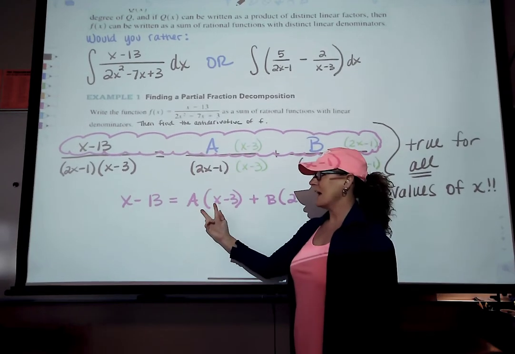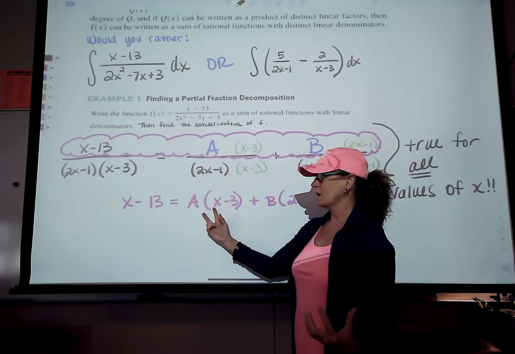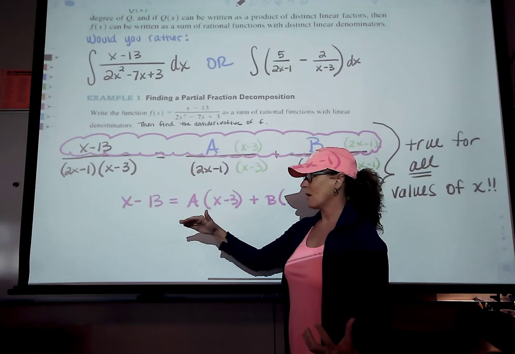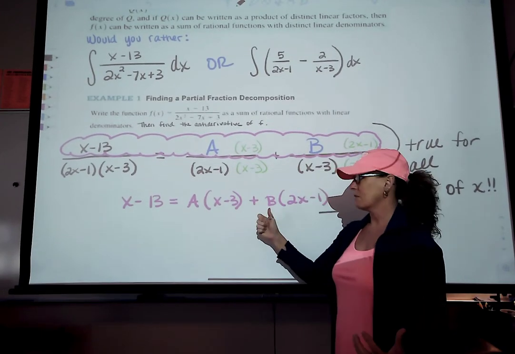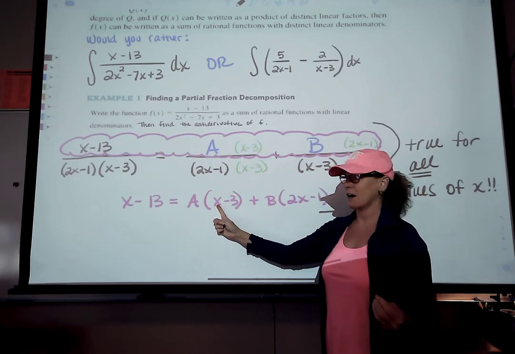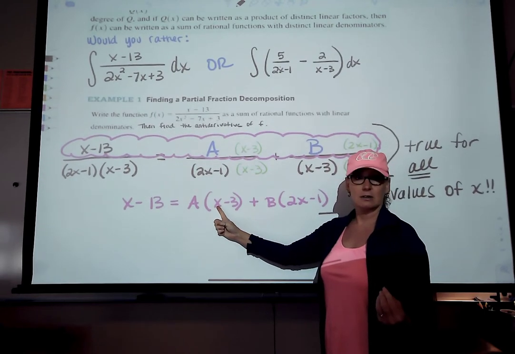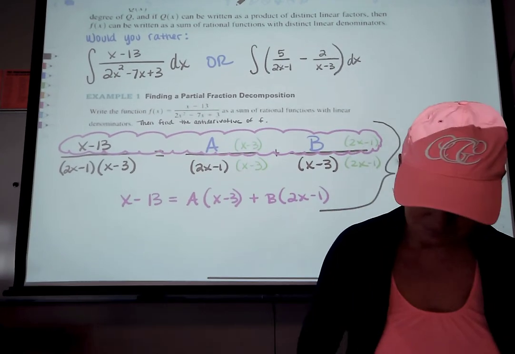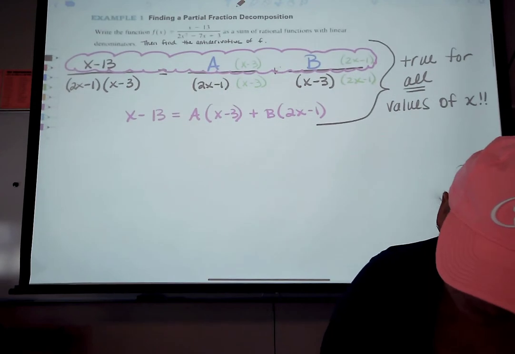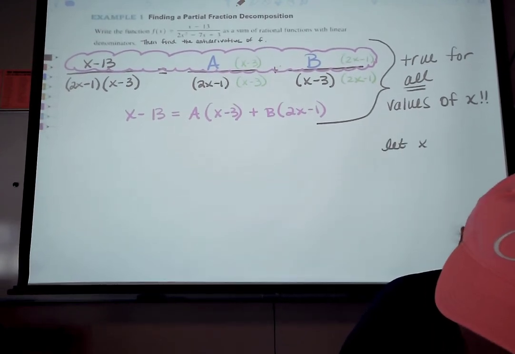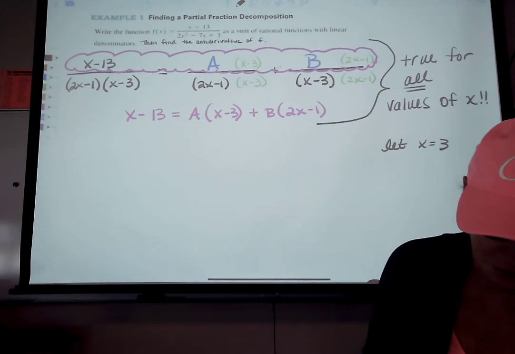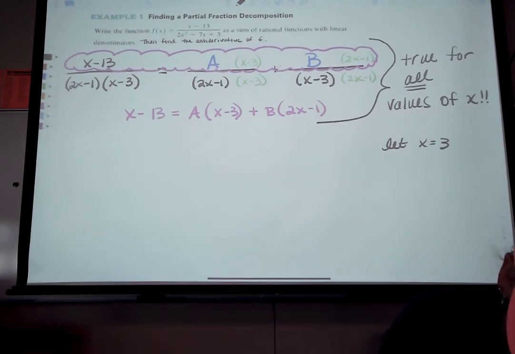I think there's an x value that you can choose that will wipe out all your extra variables and you can solve for B. And I think that x value is positive 3. I'm going to let x be positive 3. Here's what it looks like. Sub in 3.